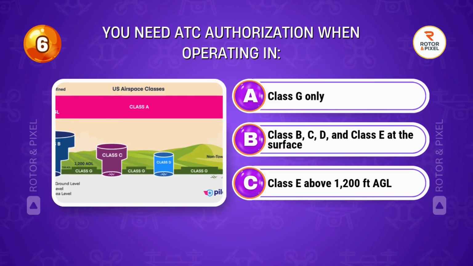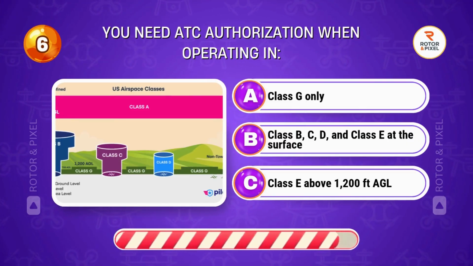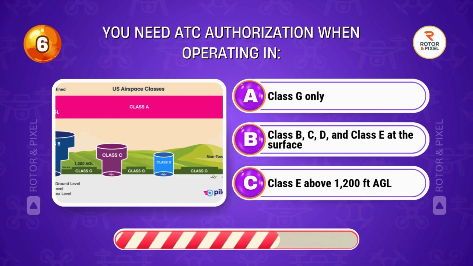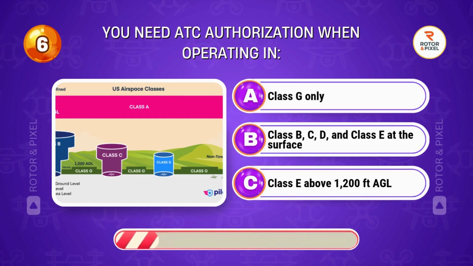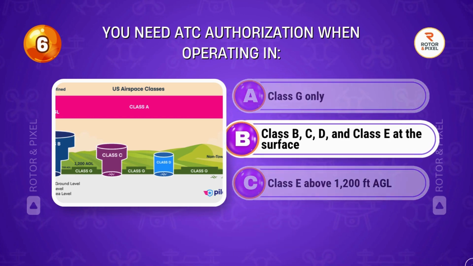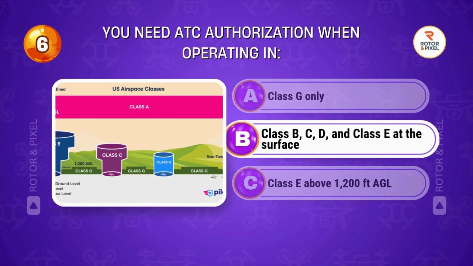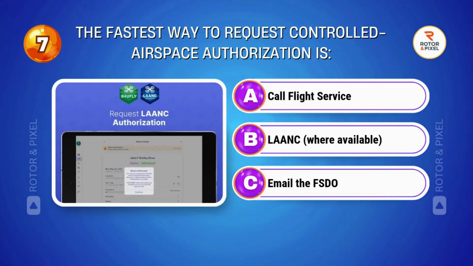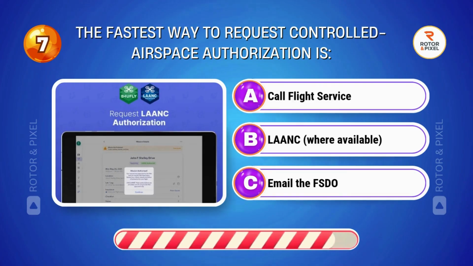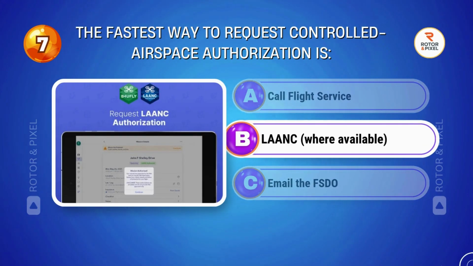You need ATC authorization when operating in... Answer B, Class B, C, D, and Class E at the surface. The fastest way to request controlled airspace authorization is... Answer B, LAANC where available.